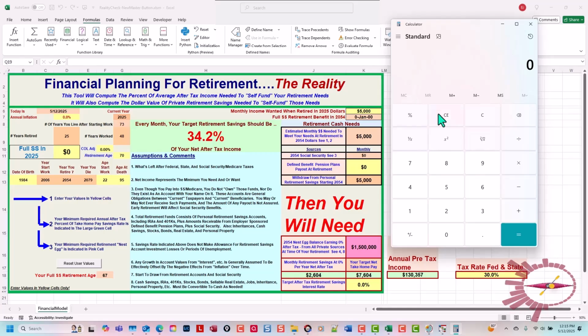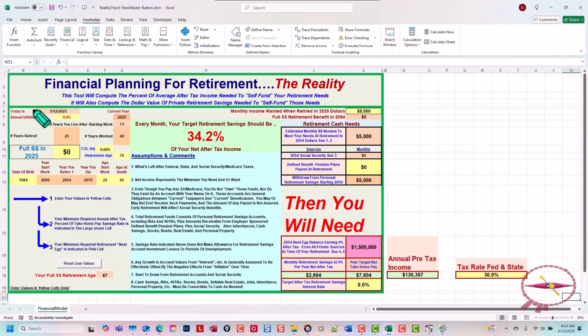Again, going back to our calculator, if we take 7,604 times 12, that'll give us our annual income, assuming no tax, and then we divide that by 0.7, assuming a 30% tax bracket, we get $130,354, which is almost the same as the spreadsheet computed.